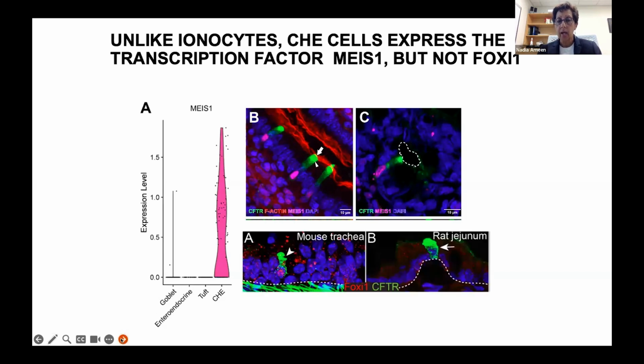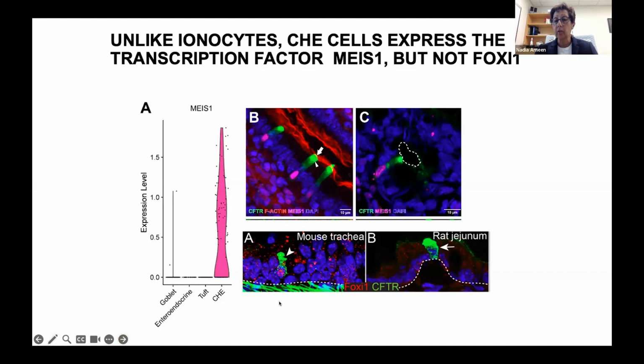We also wanted to identify whether FOXI1, which was shown in ionocytes, was present in the cheese cells. So we labeled mouse trachea, which has ionocytes, but remember, mice do not have cheese cells.